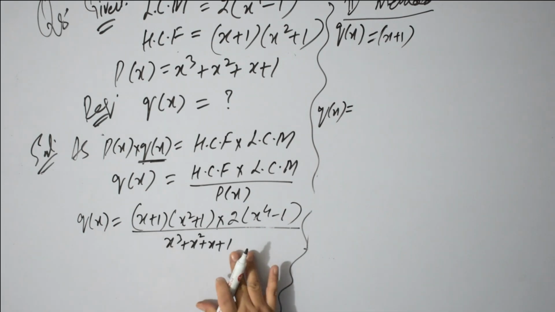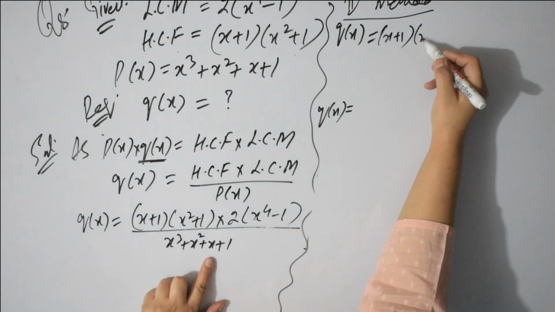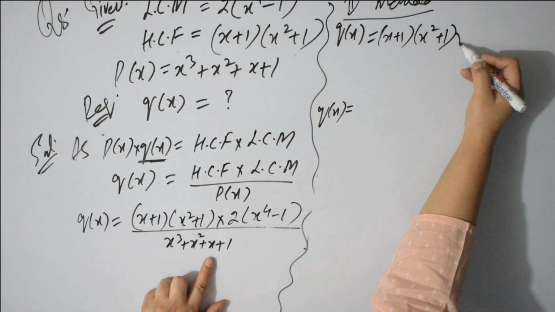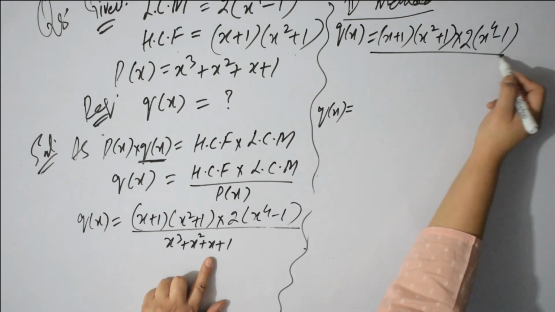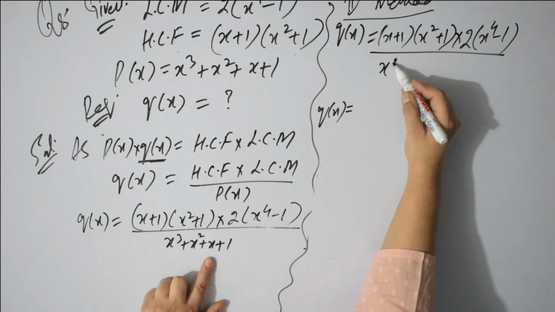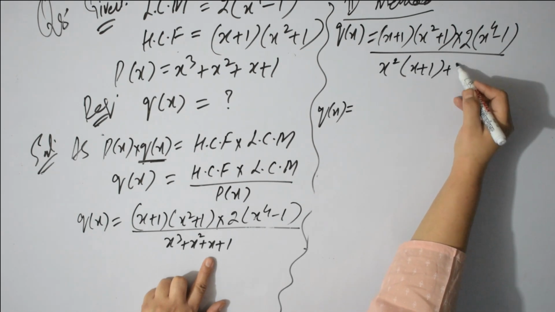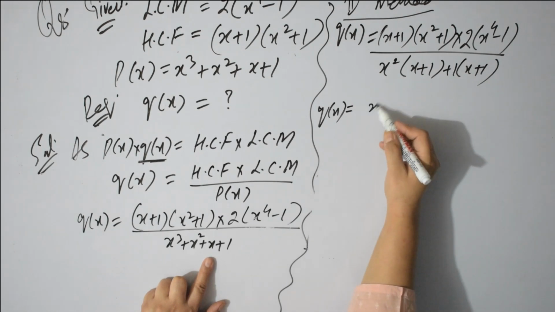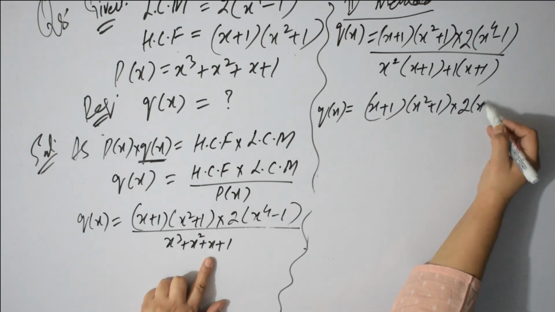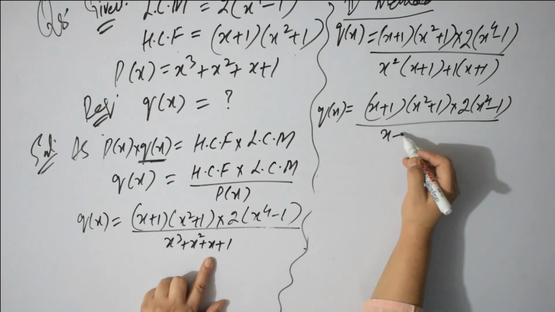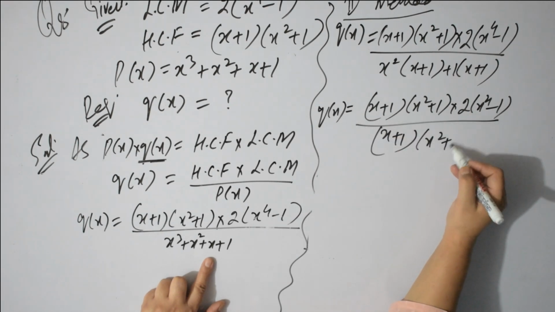From here onward, x square plus 1 into 2 into x4 minus 1, whole divided by x square is common, x plus 1 is common, x plus 1. So into 2 as it is, divided by x plus 1 and x square plus 1.